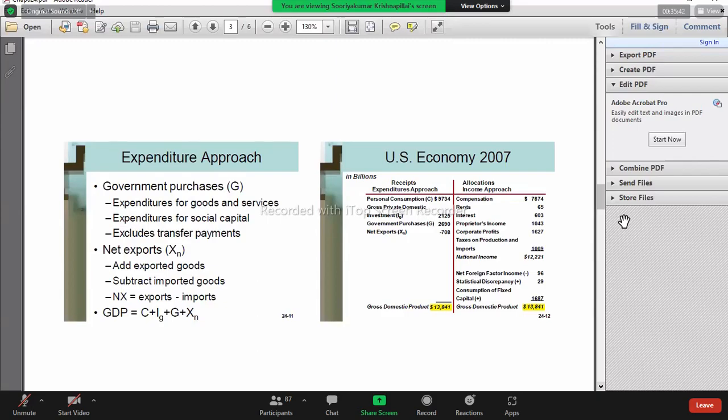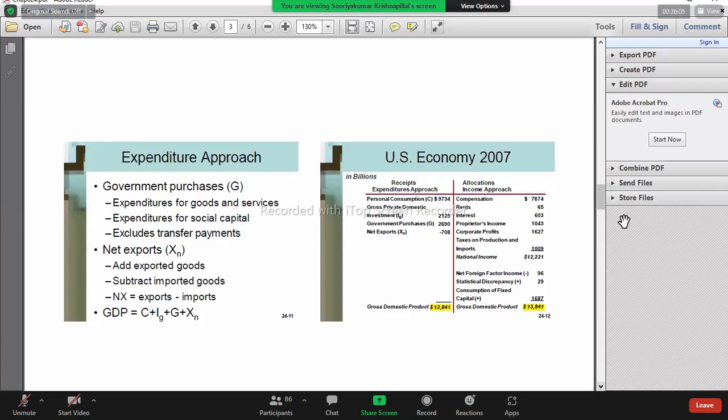Already we included that one. So by net export, export minus import, we deduct import. We include export in the GDP. So net export is exported goods minus imported goods.